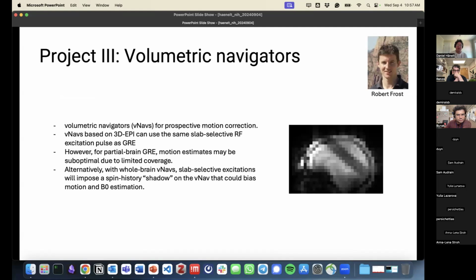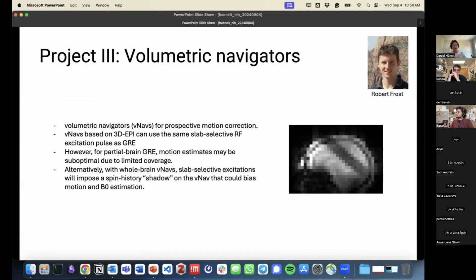The advantage is that you can do that without changing the magnetization, but the problem for these high resolution scans is that we can only acquire a slab of a few centimeters, where it then gets tricky.